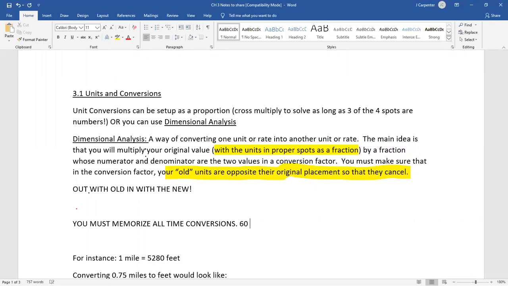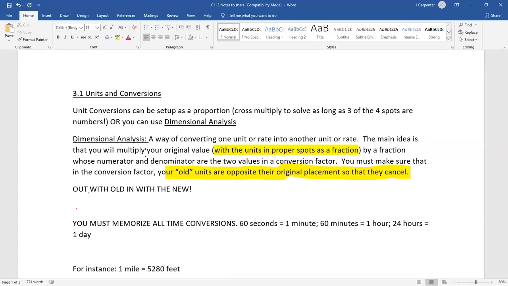Things like 60 seconds is a minute. Things like 60 minutes is 1 hour. Things like 24 hours is 1 day. Things like 365 days is 1 year. Asterisk: you could say it's 365 and a quarter when you want to consider leap years and everything, but we just always use 365.